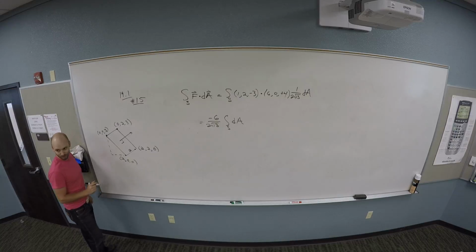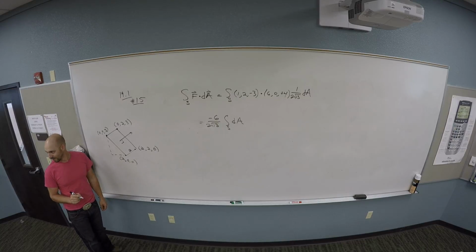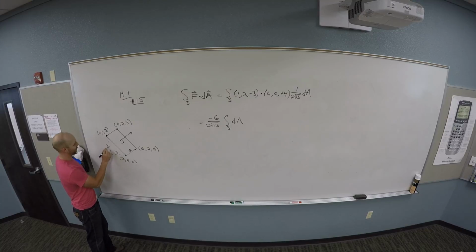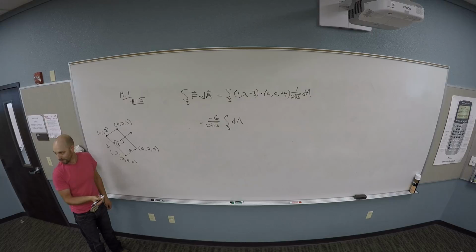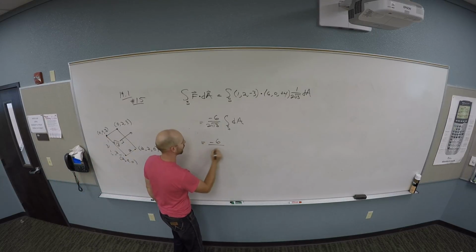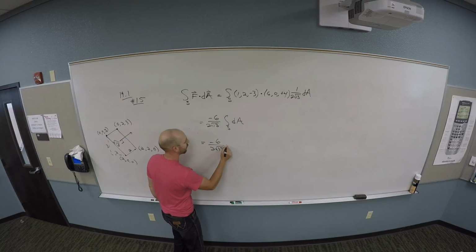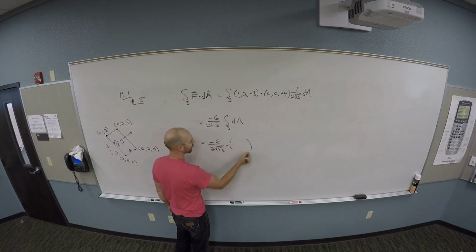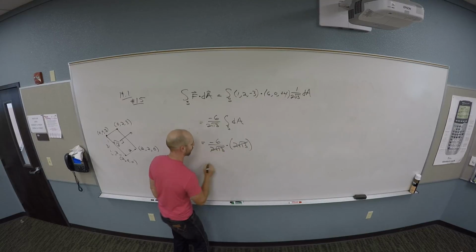Gotta use the Pythagorean theorem to figure out that other one. Yeah, so this is 2 and 3, so this is the square root of 13 long. So that's where the other 2 square root of 13 comes from. So I got negative 6 over 2 root 13. And then I need to multiply by the area of the surface, which is 2 root 13. So these guys will cancel and I'll get negative 6.